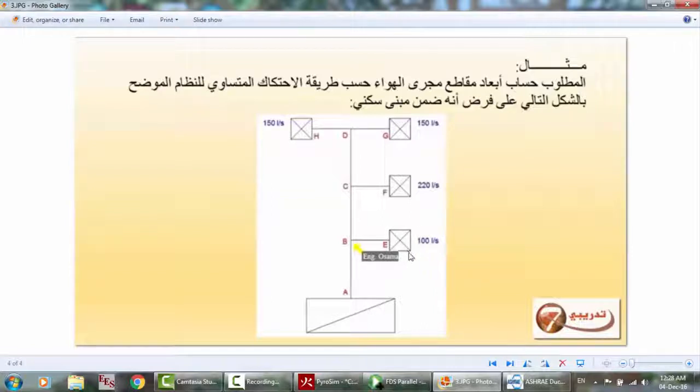It will maybe reach 120 liter per second, and due to the losses in the main duct and the fittings, this 150 liter per second may be in reality 130 liter per second.